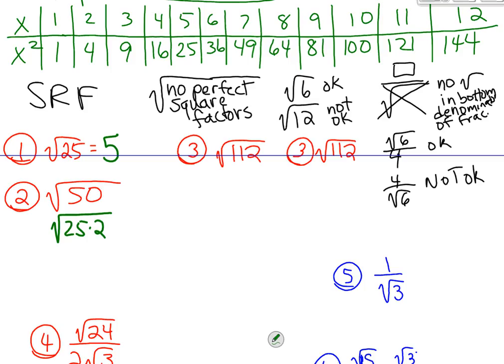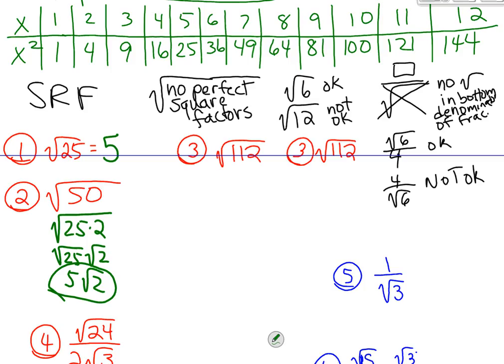Then I'm going to rewrite that as two square root problems next to each other: the square root of 25 times the square root of 2. Since the square root of 25 is a perfect square equal to 5, my answer here will be 5 square root of 2. That is the answer in simple radical form, and we will be expecting ourselves to get answers in simple radical form.